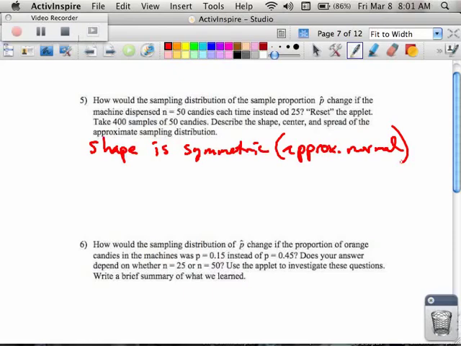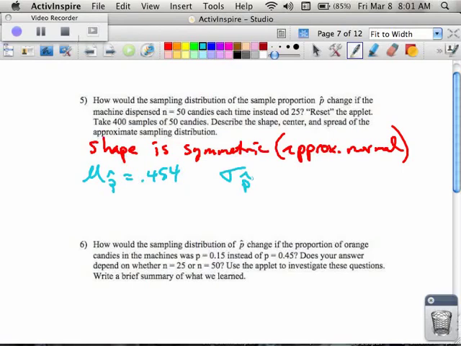Did anybody catch the mu? 0.454? Yep. Okay, thank you. So the mu of our sample proportion was equal to 0.454.